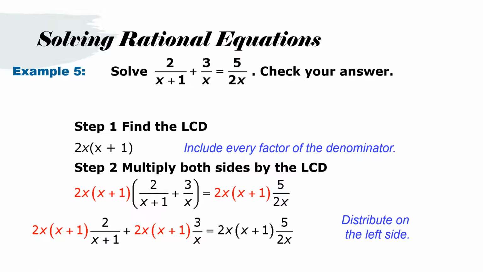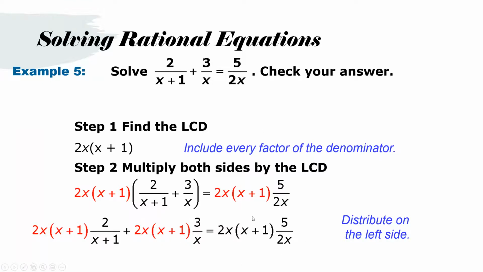Now, try to see whether on this side there are any common factors or common terms in the numerator and the denominator. Yes, there's a common term, which is x plus 1. What about this portion?